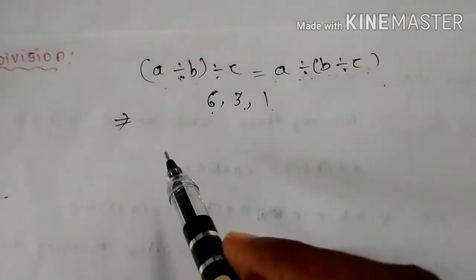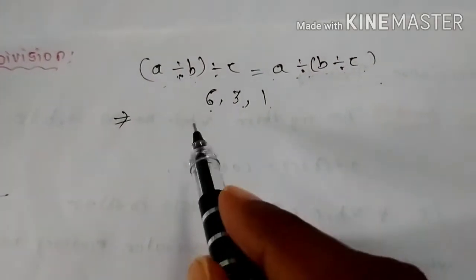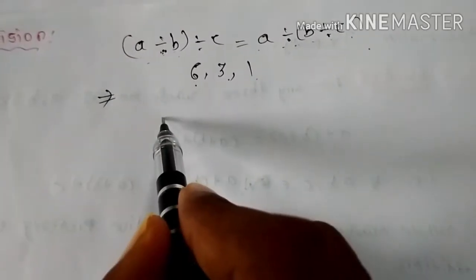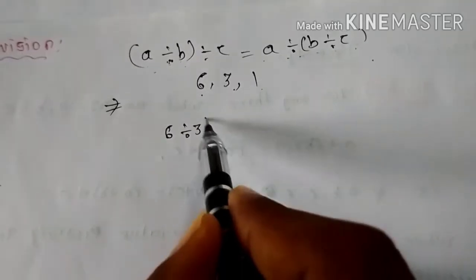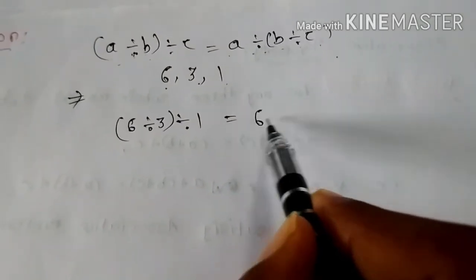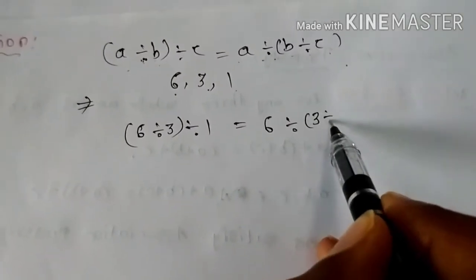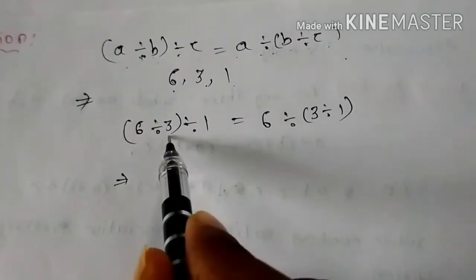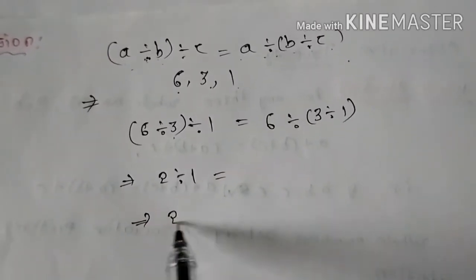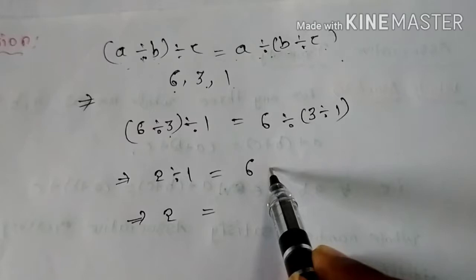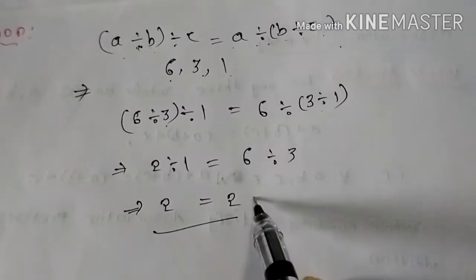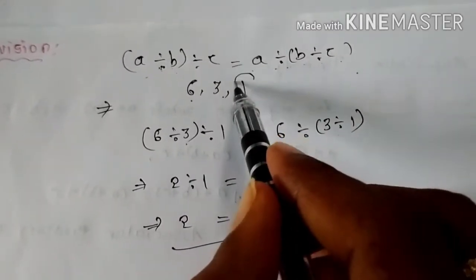See, how much value will you get? 6 division 3 division 1 is equal to 6 division of 3 division 1. 6 division 3 is 2. 2 division 1 is 2 only. On the right side, 3 division 1 is 3 only. 6 division 3 is 2 only. But is it equal? It is equal when we are taking 1.